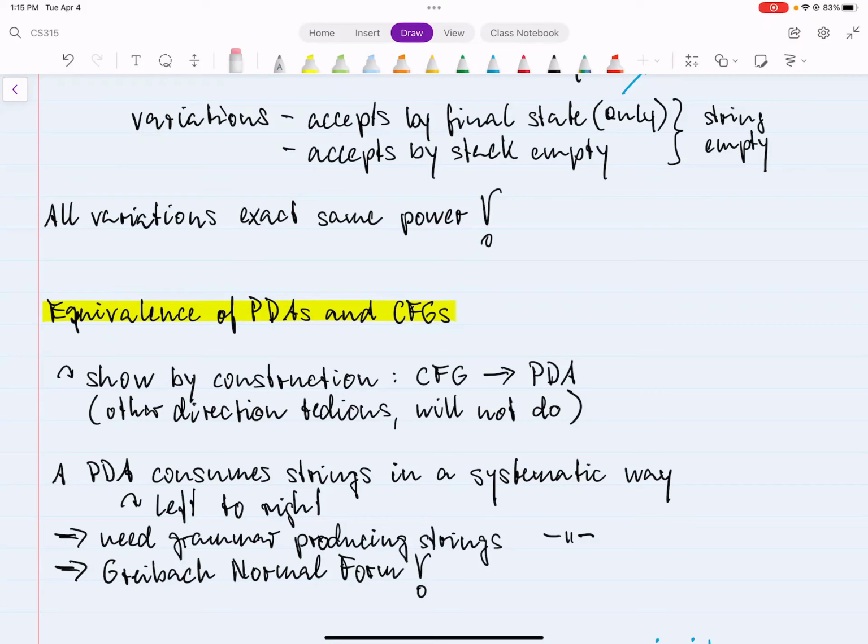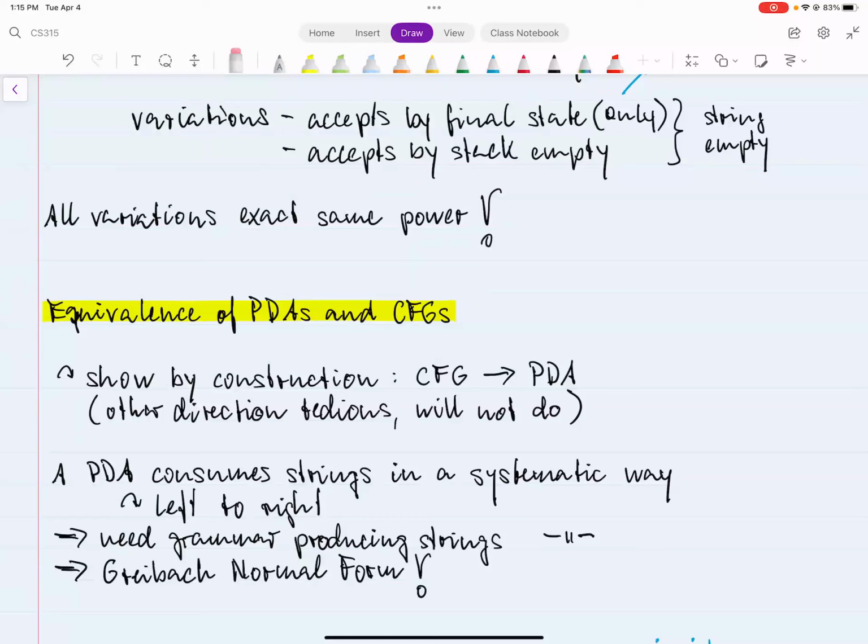In this context, it's important to remember that any context-free grammar can be put into Chomsky normal form, and from there you can go into Greibach normal form. So this is not a limitation in generality. Any context-free grammar can be represented in Greibach normal form. The only disadvantage is that you possibly have a whole bunch more rules.